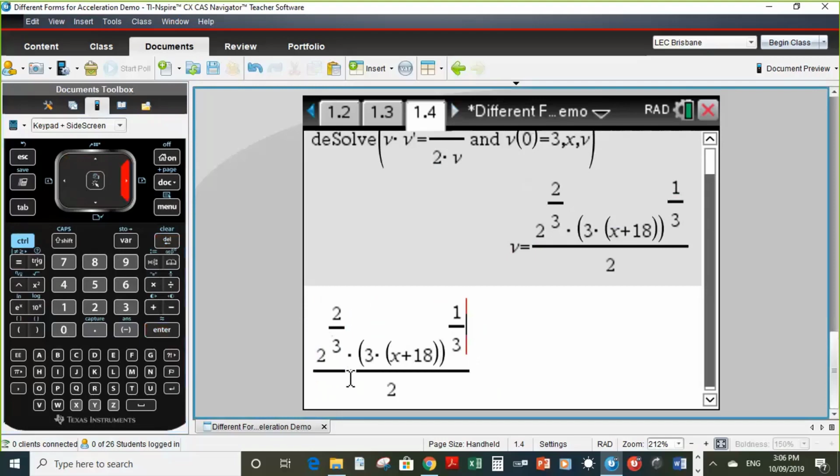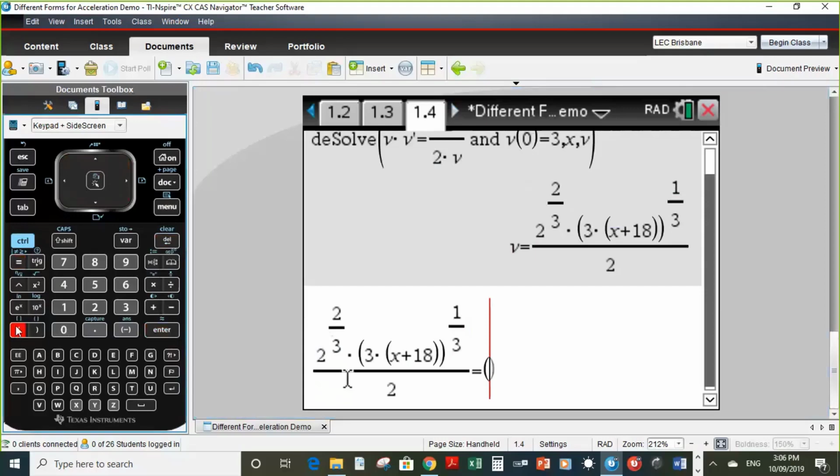Move your cursor so that it's at the end of the line, and now press equals, and then type in open bracket, then control divided by to access the fraction template, 3 times x, and then divided by 2, and then plus 27, and then we're going to raise that all to the power of a third.